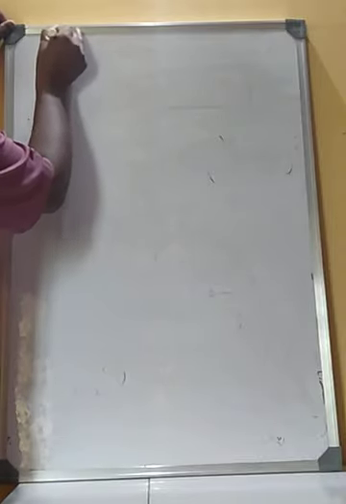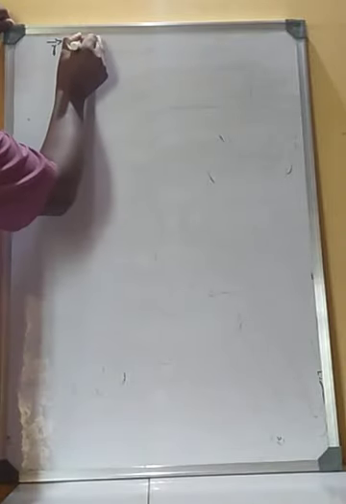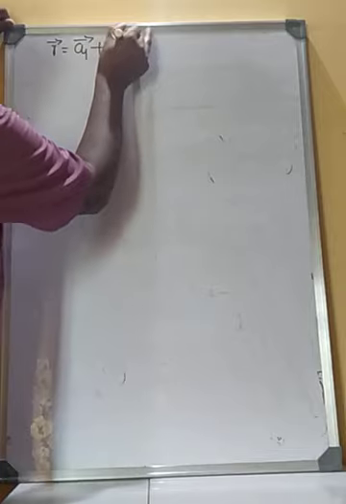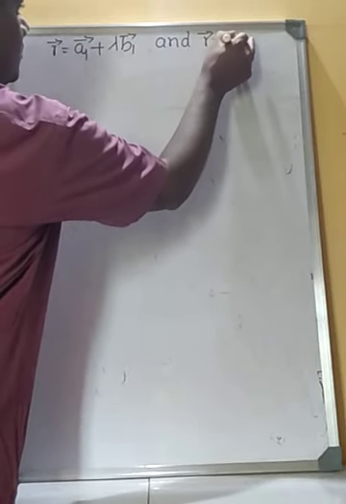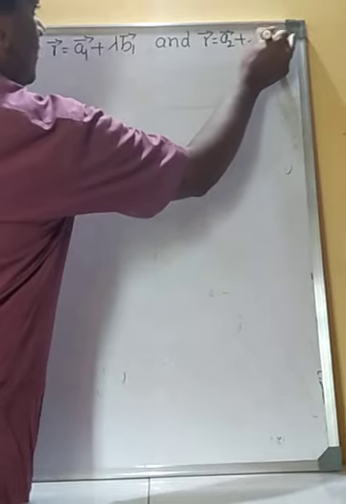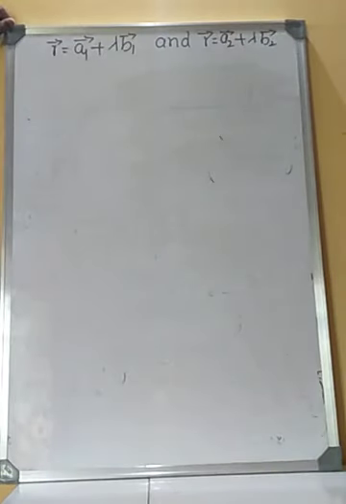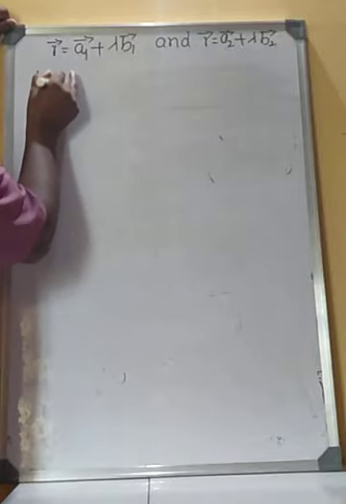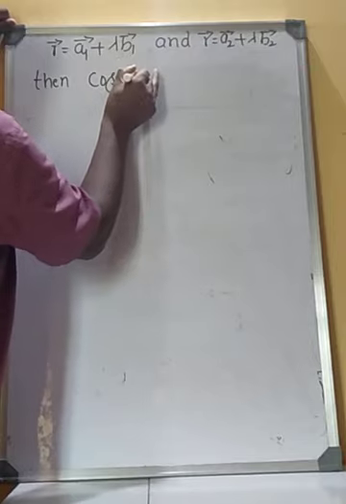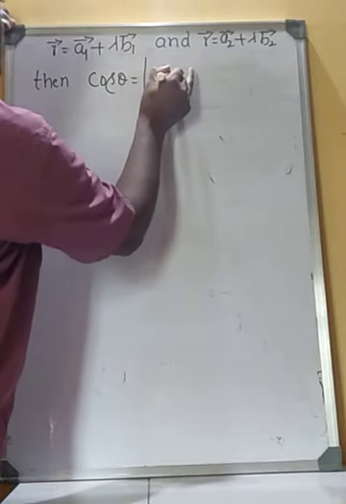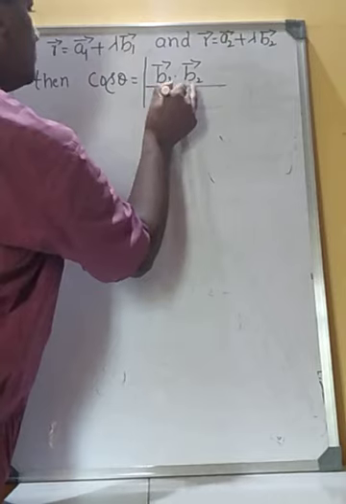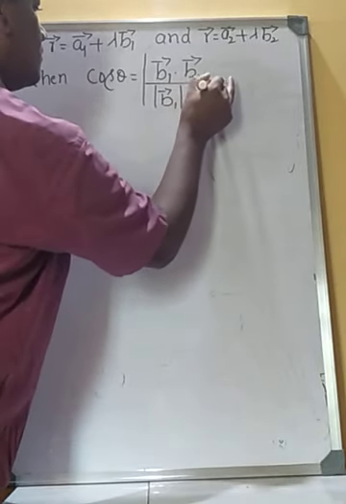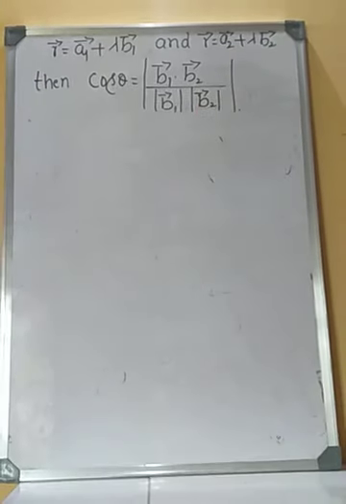If theta is the acute angle between the lines r vector equals a1 vector plus lambda b1 vector and r vector equals a2 vector plus lambda b2 vector, then cos theta equals magnitude of b1 vector dot b2 vector divided by magnitude of b1 vector into magnitude of b2 vector.